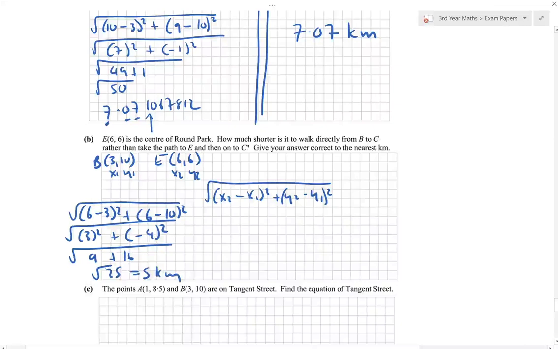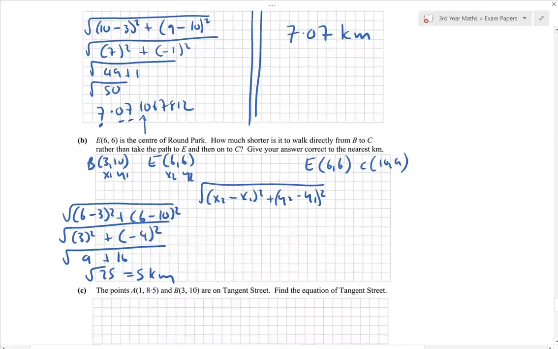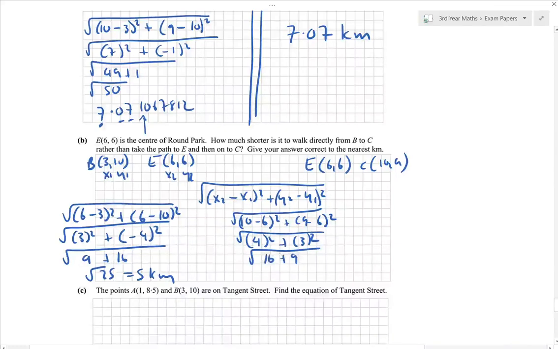Then from E to C, we use our distance formula again. And that goes 10 minus 6 squared plus 9 minus 6 squared. You're subbing in the values. So that gives me 4 squared plus 3 squared, 16 plus 9, square root of 25, which is 5 as well.